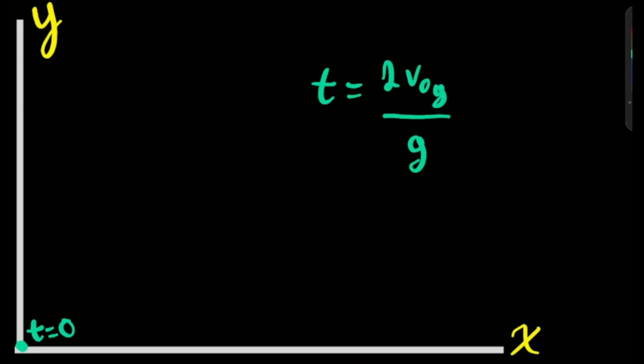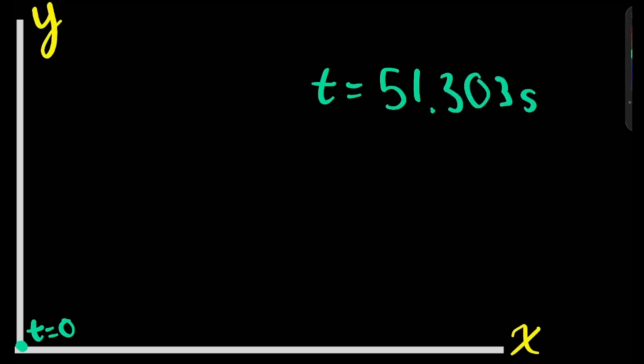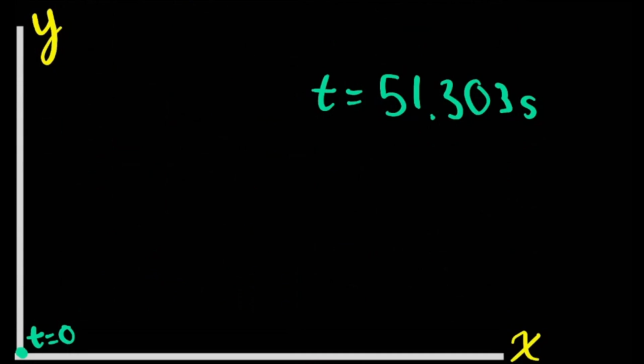Plugging the initial y velocity into the formula, we now know that the parcel was airborne for a total of 51.303 seconds. Plugging this into our equation for x displacement from earlier, this gives us a value of 5,725.024 meters.